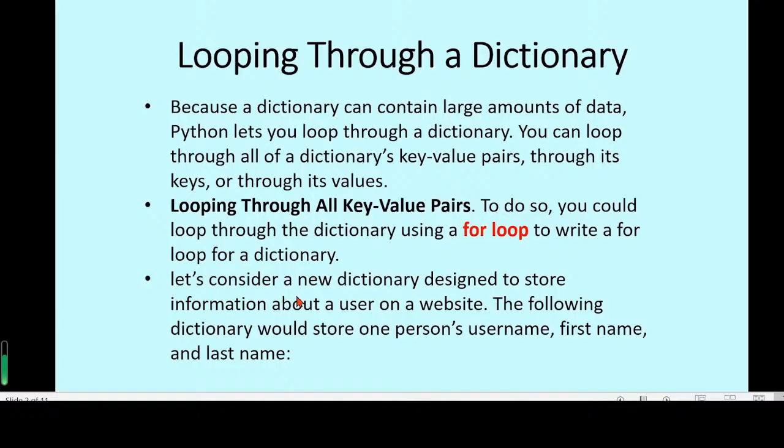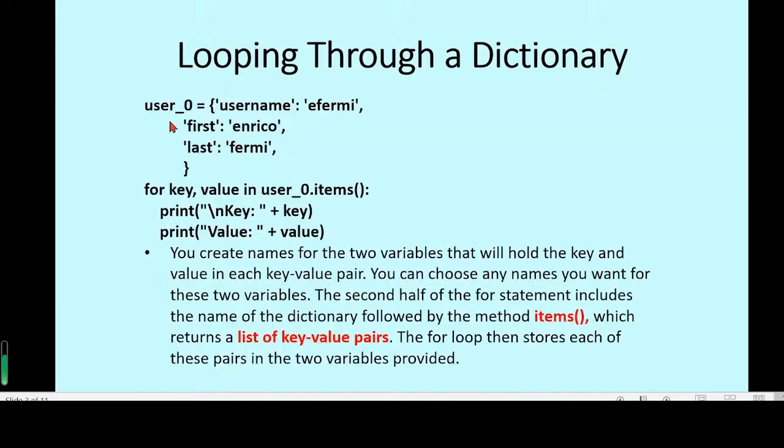Let's consider a new dictionary designed to store information about a user on a website. The following dictionary will store one person's username, first name, and last name. So this is a dictionary called user, and it will store username Fermi, first name Enrico, and last name Fermi.